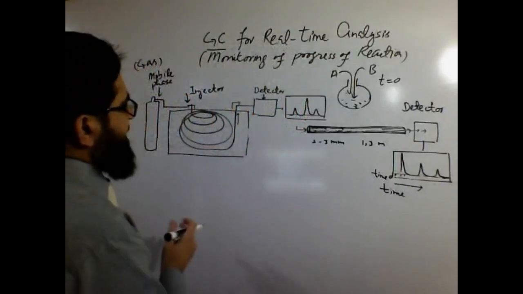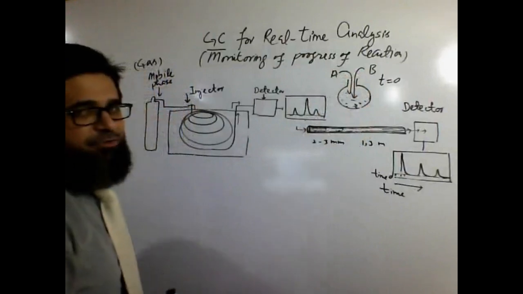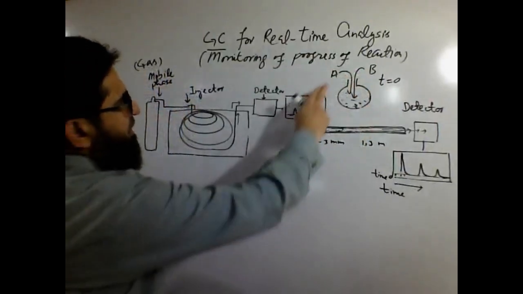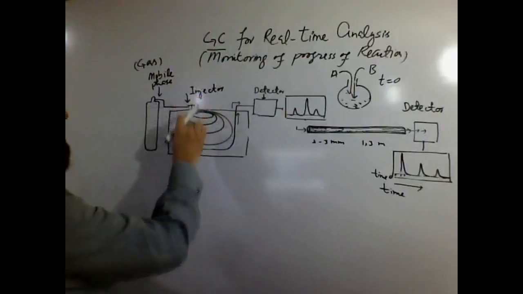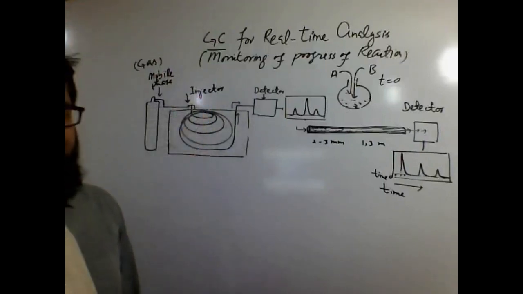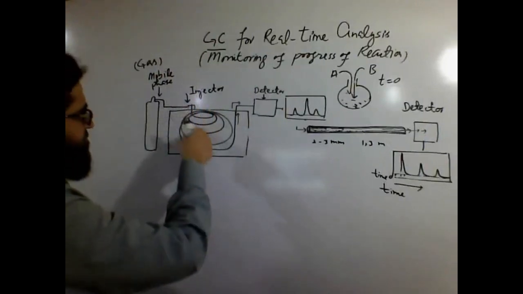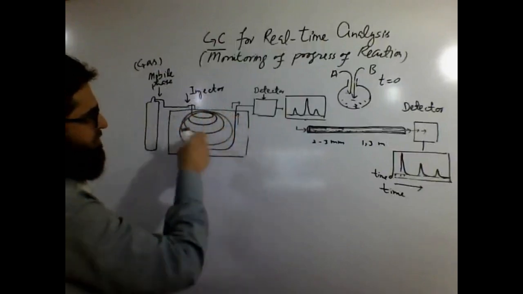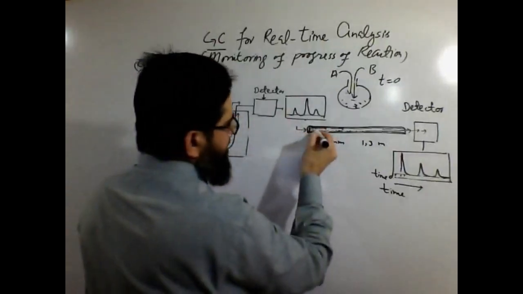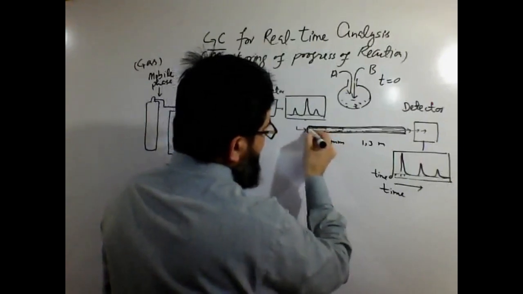As we have an idea, there are only two components present in the reaction mixture at the moment, A and B. As soon as we have injected and turned on the GC, both components A and B will move through the circular column, as I've explained, from one end to the other end.